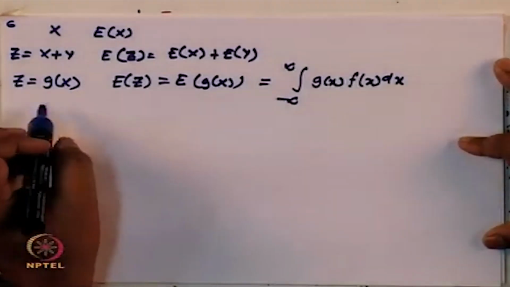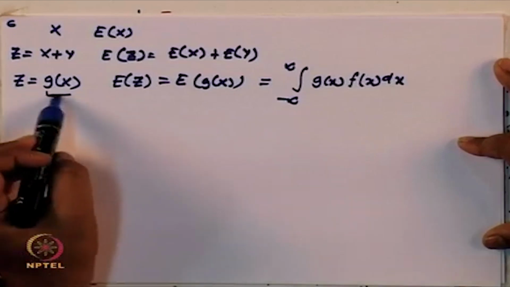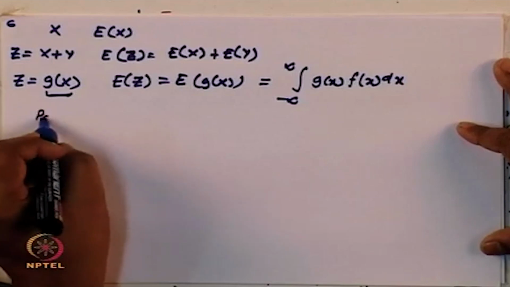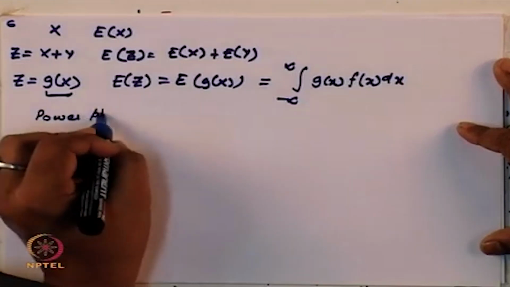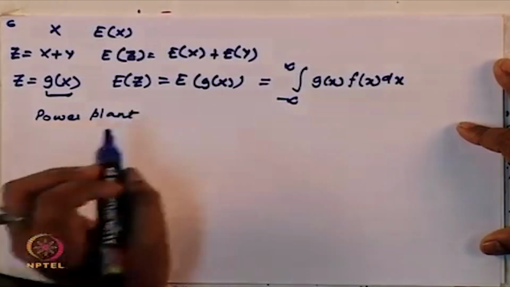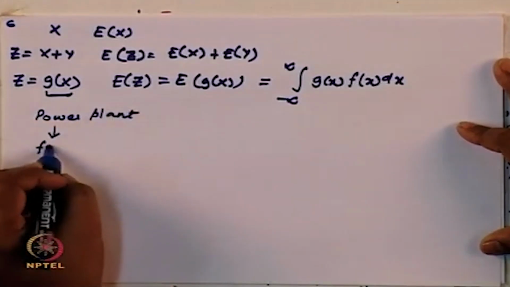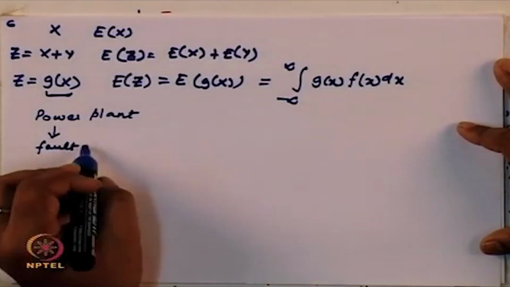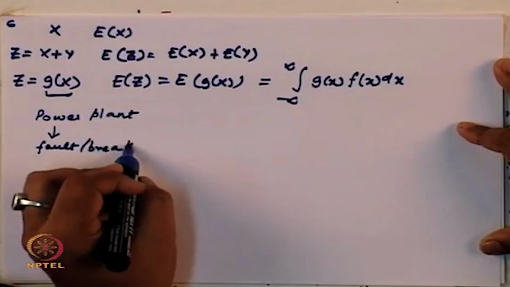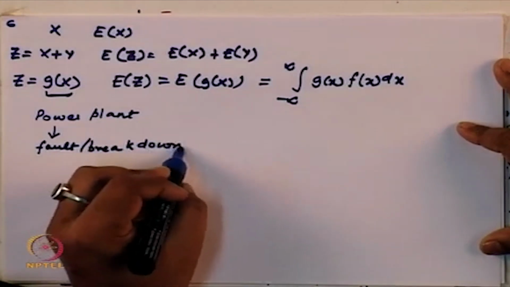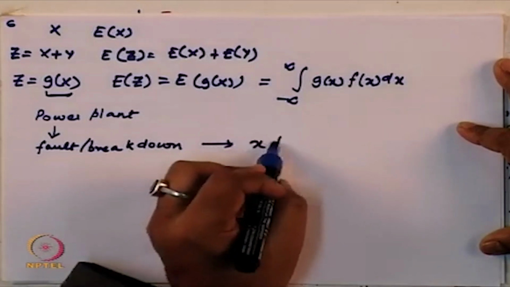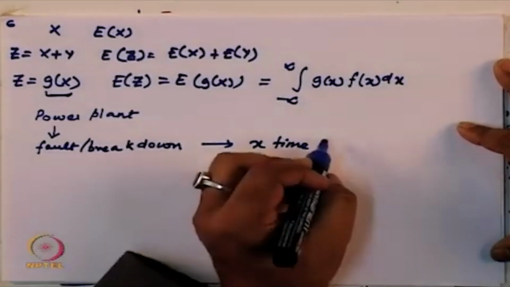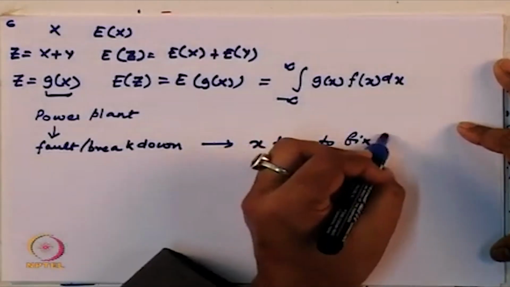Okay. So, let us take one simple example of how you can calculate expectation of a function. Let us say in a power plant, when there is a fault or breakdown, it takes x amount of time to fix the fault.